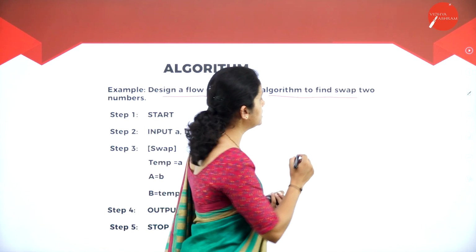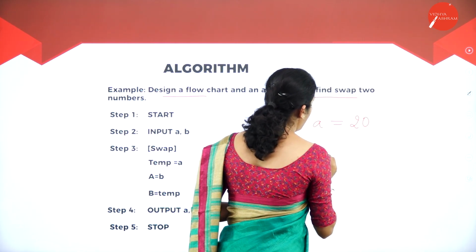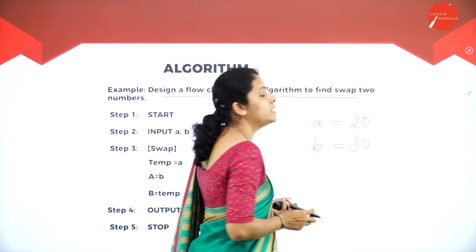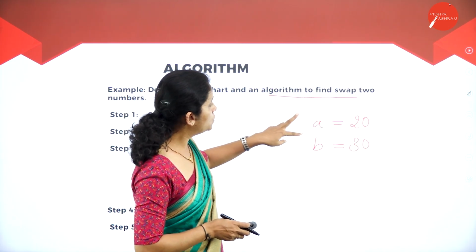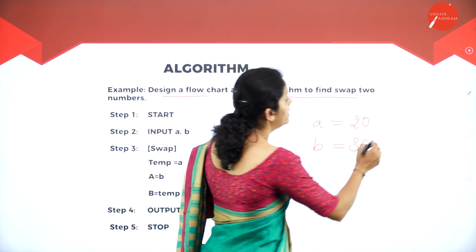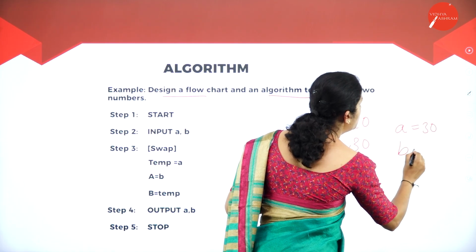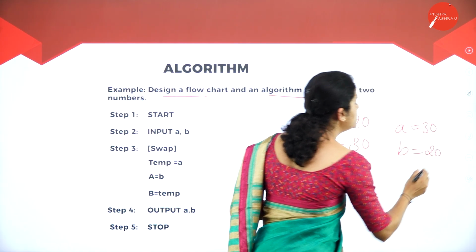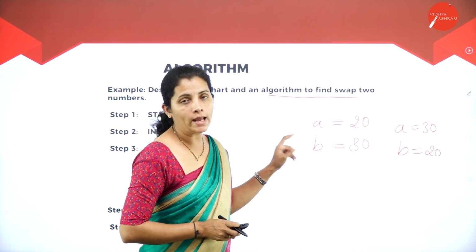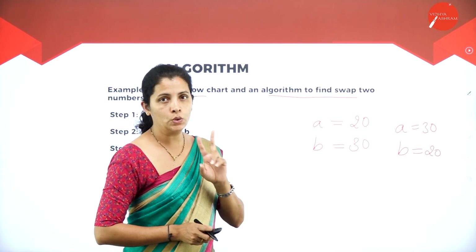For example, consider that A holds 20 and B holds 30. Now what do I want to do? I want to interchange both the values. That means here A holds 30 and B holds 20. That means I want to interchange both variable values together.